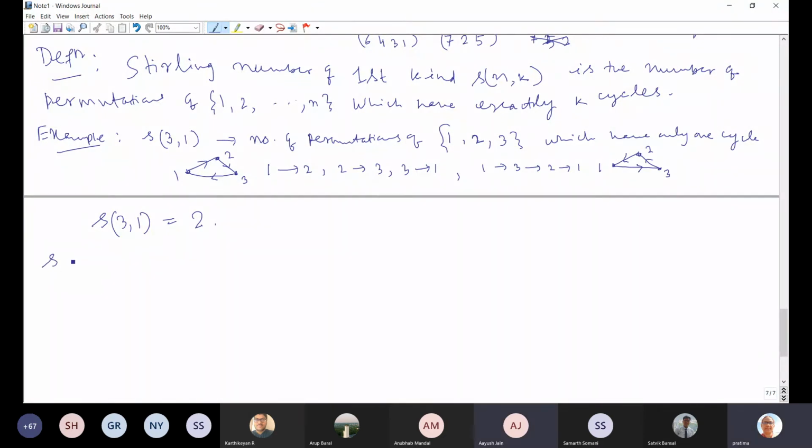Okay, good. So next I will consider s(3, 2). What will be the value of s(3, 2)?